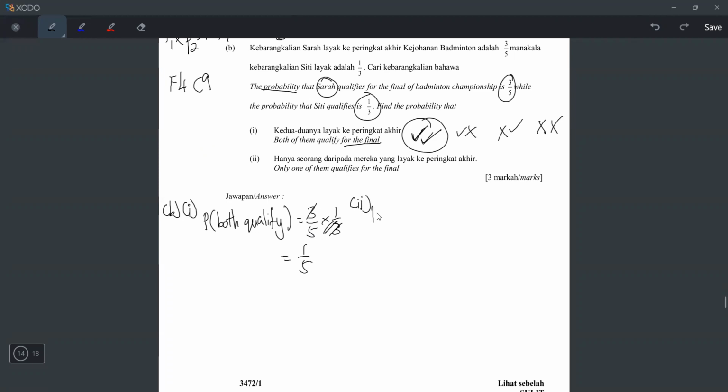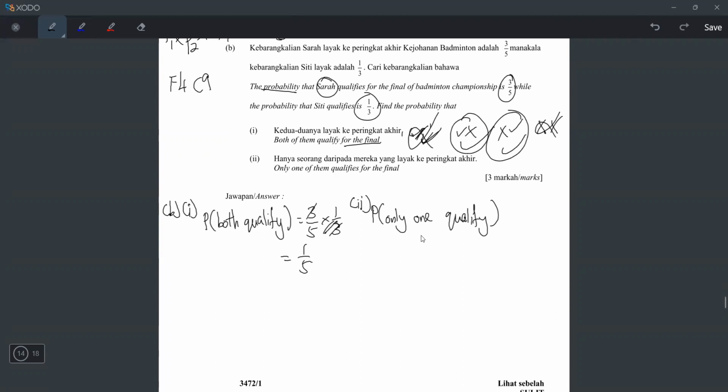Only one of them qualifies. So the probability that only one qualifies. So which one do I have to take? You don't have to do all of them, you only do the ones the question wants. So this one can, this one cannot, this one can, this one can, this one cannot. So I only do this and this.